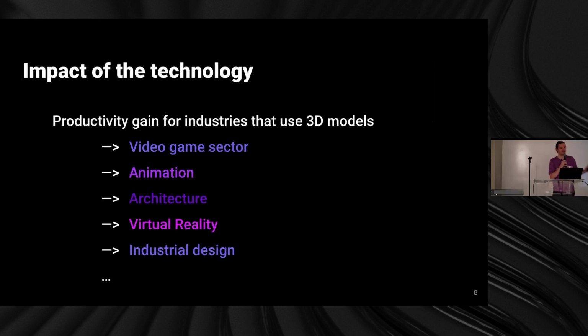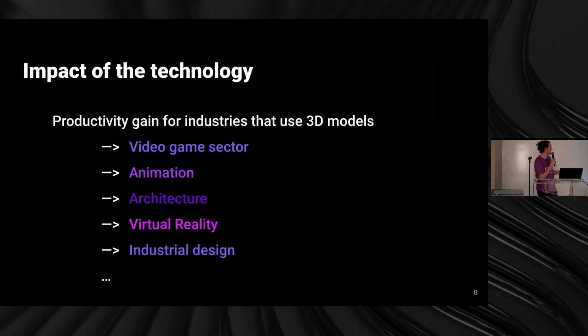So first of all, let's talk about the impact of the technology. It seems quite obvious to myself, having been in the field for over a year now, but simply put, it's the productivity gain that you would get from getting a customized 3D asset without actually making it yourself. As I'm sure you all know, actually creating a 3D model for a customized and specific use takes a lot of time, and it concerns a lot of different industries.